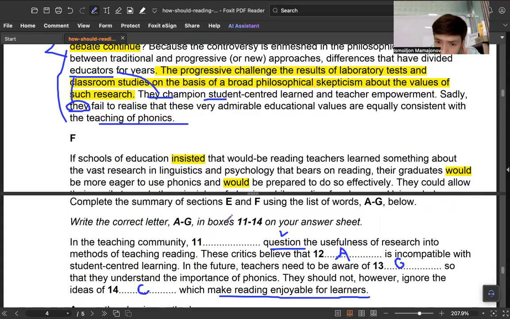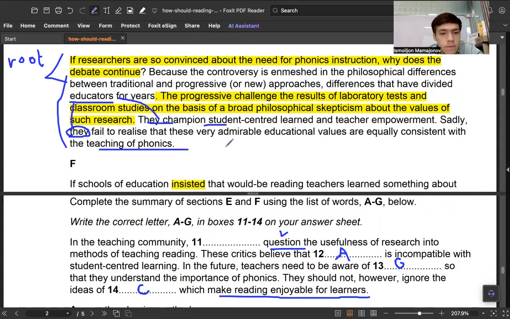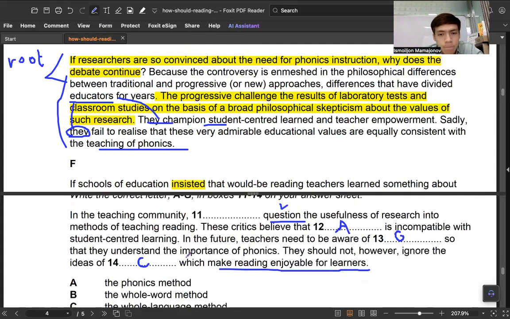Okay, so we have teaching community question the usefulness of research into methods of teaching. In the teaching community, someone questions the usefulness of research. Who questions? Now you should use advanced skills. This is the whole debate: is phonics useful or not?